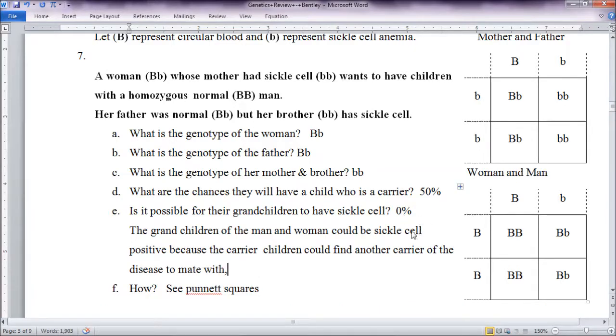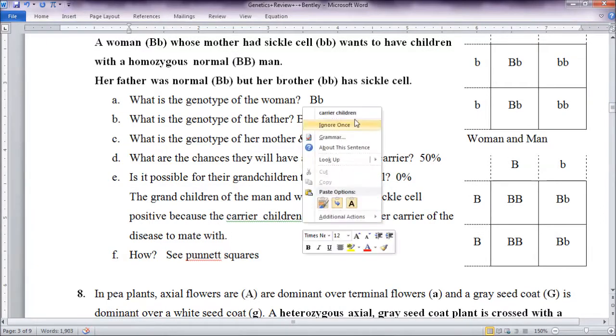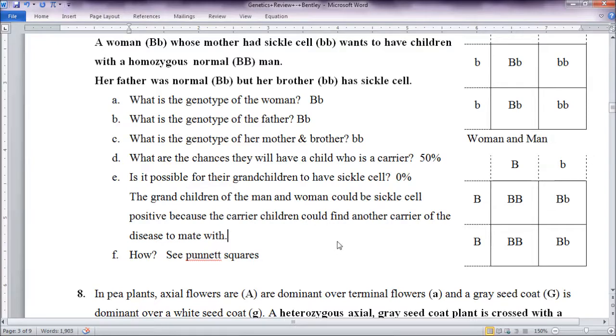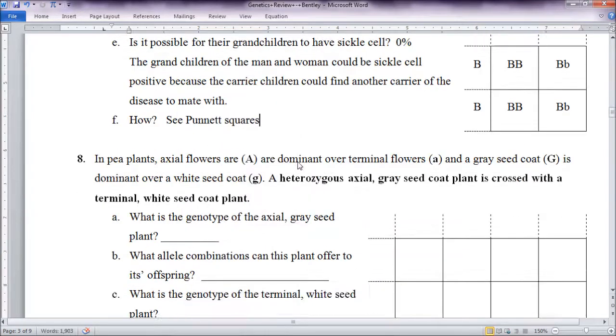So that's kind of it. If they found somebody else who had the sickle cell gene, or worse, had sickle cell anemia, that would be the issue. Okay, so let me capitalize that, and we're good.